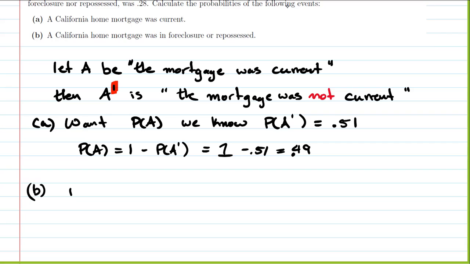So let B be the event that a home mortgage was in foreclosure or repossessed.